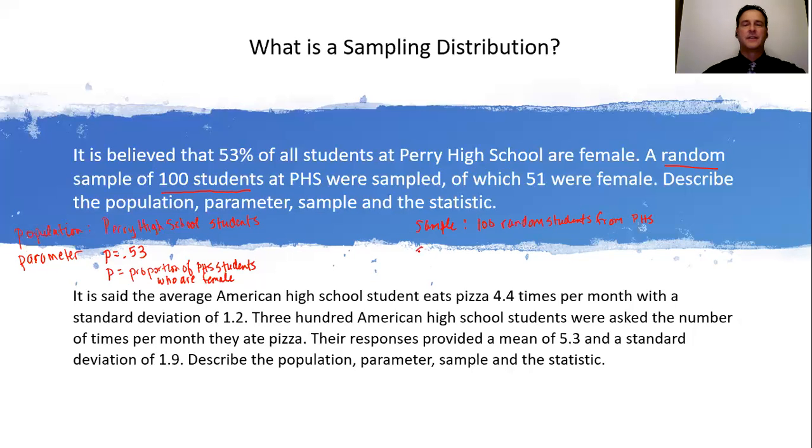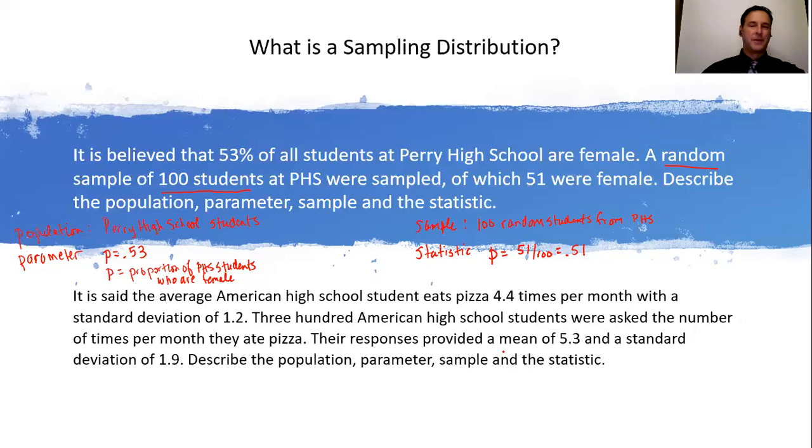And the statistic, the number that's associated with this sample, is defined by 51 out of 100. So I'm going to say P is equal to 51 out of 100. That is my statistic, or 0.51.